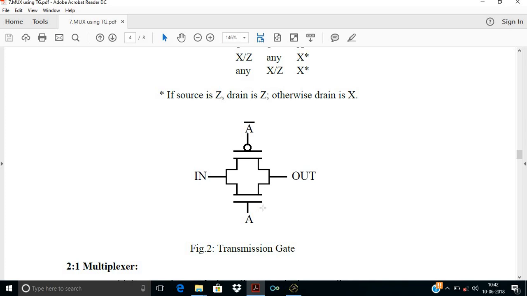Hence, when A is equal to 1, the NMOS gets activated, and A bar is 0, so this PMOS also gets activated. Both the P channel MOSFET and N channel MOSFET get activated, this switch becomes on, and whatever signal is provided at the input, it will transfer toward the output. This is the functionality of the transmission gate.